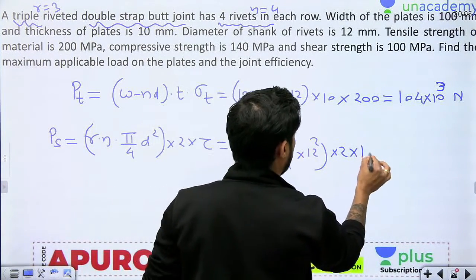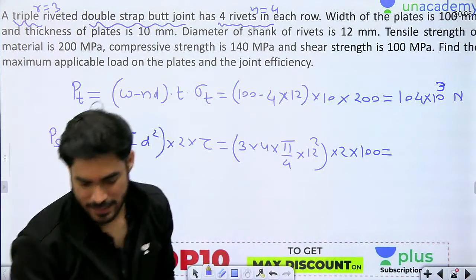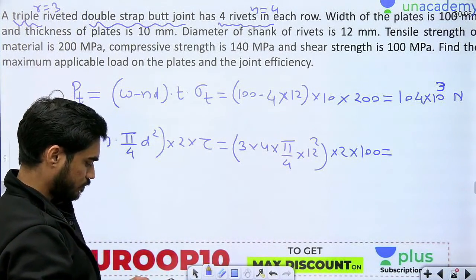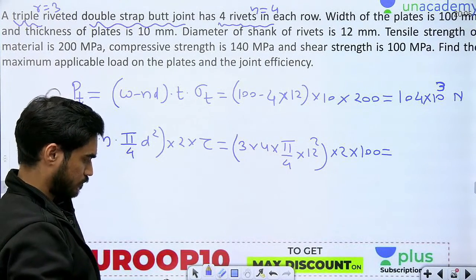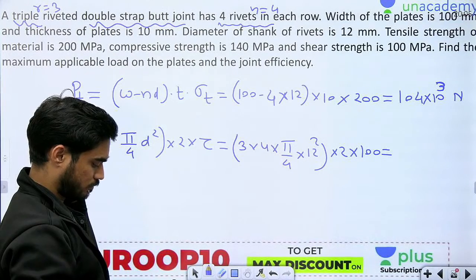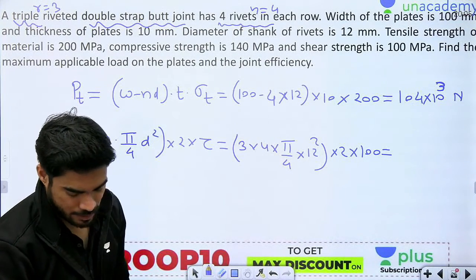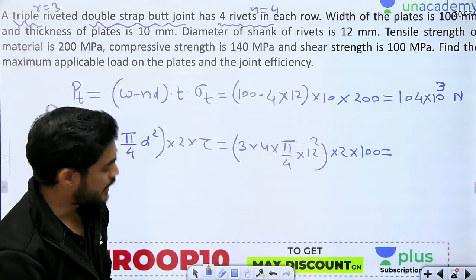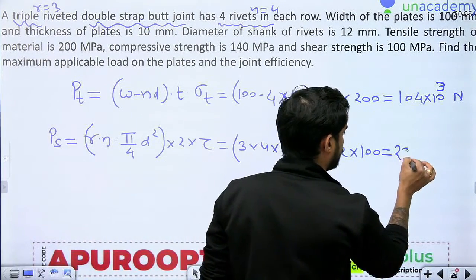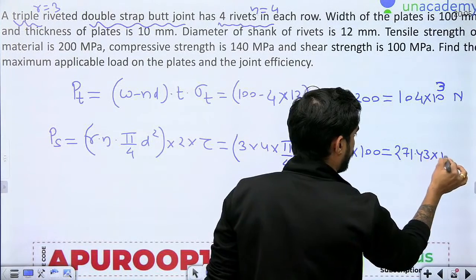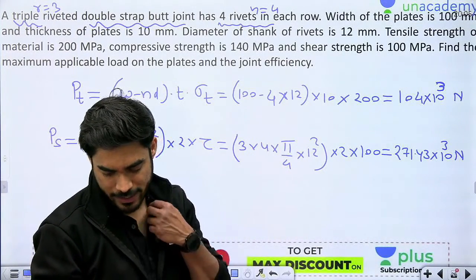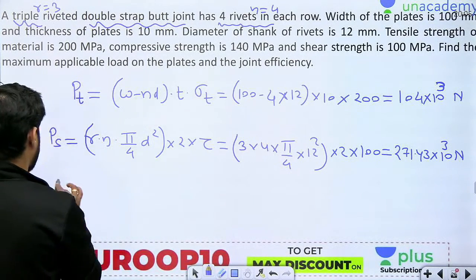Tau is 100. So how much is this PS? PS is 271.43 kilonewton.